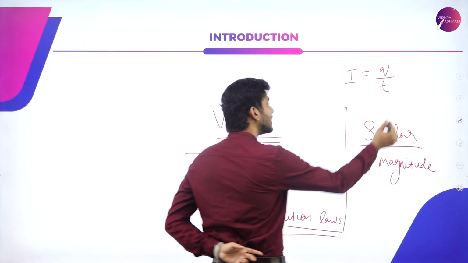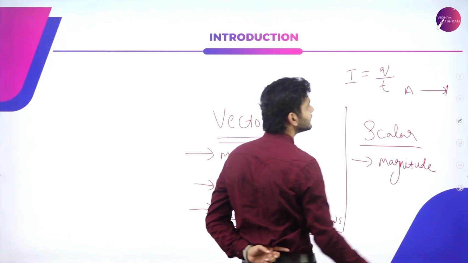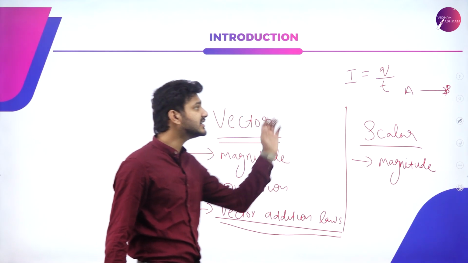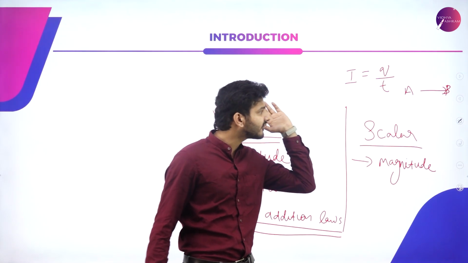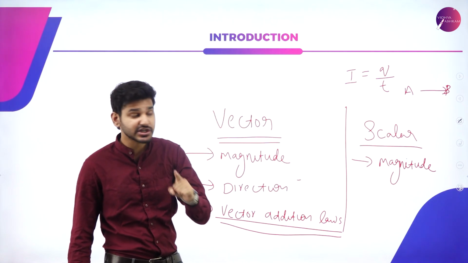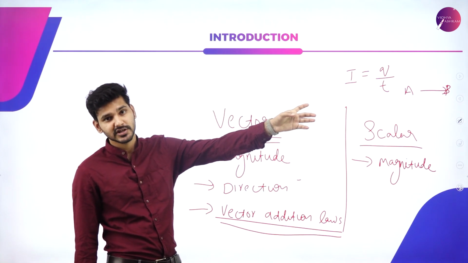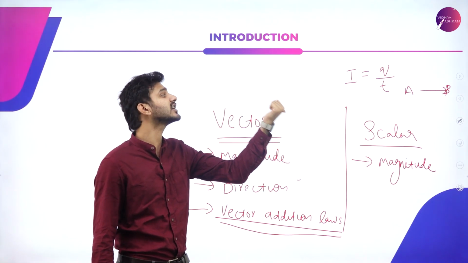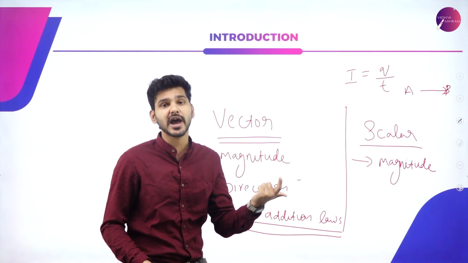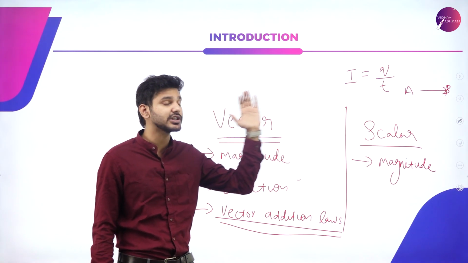Let's say it is from A to B. So charges are flowing from A to B, which means there is a particular direction for that current to flow. So it has a particular direction, and current will obviously have a face value. That is, it will have a magnitude: 1 ampere, 2 ampere, maybe 10 amperes. So current will have a value and it is flowing in a particular direction.